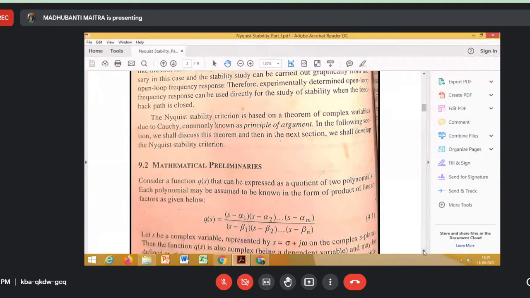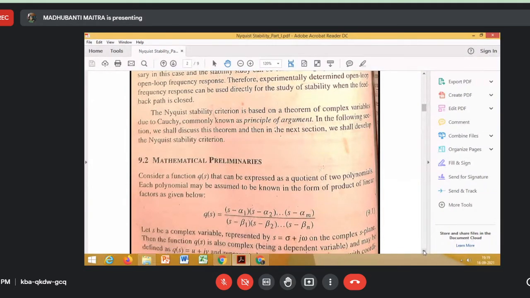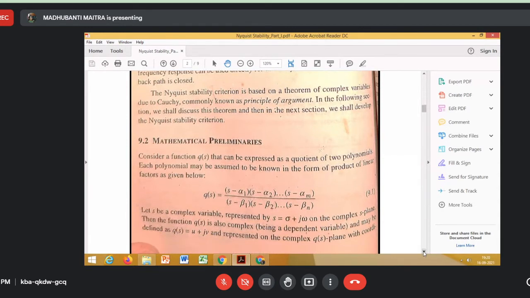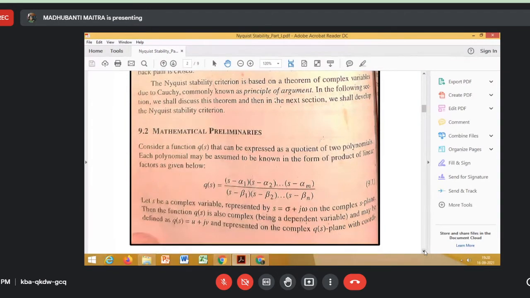Right? Now, Nyquist stability criterion is based on a theorem of complex variable, and the theorem was proposed by Cauchy, and the theorem is known as principle of argument. Yes, principle of argument. Okay.